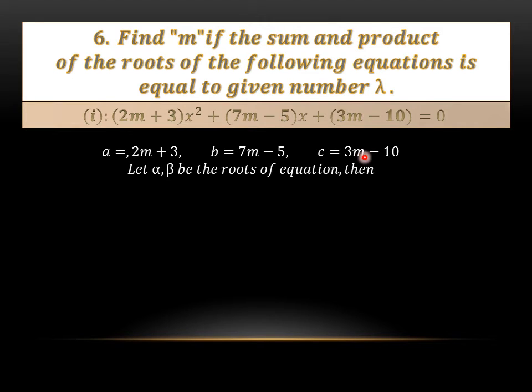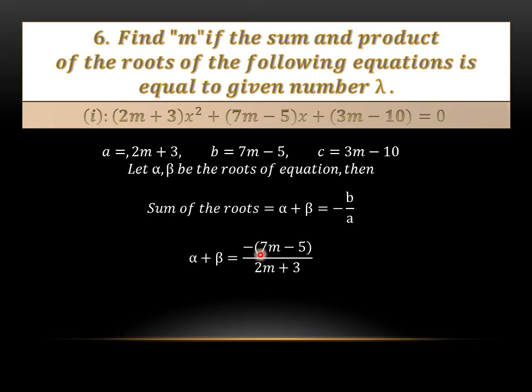First of all, we will find the sum of the roots. We will suppose that alpha and beta are the roots of the given equation. The formula for sum of the roots is alpha plus beta equals minus b over a. We will put the values of b and a. The value of b is 7m minus 5, we have placed minus outside, and the value of a is 2m plus 3.